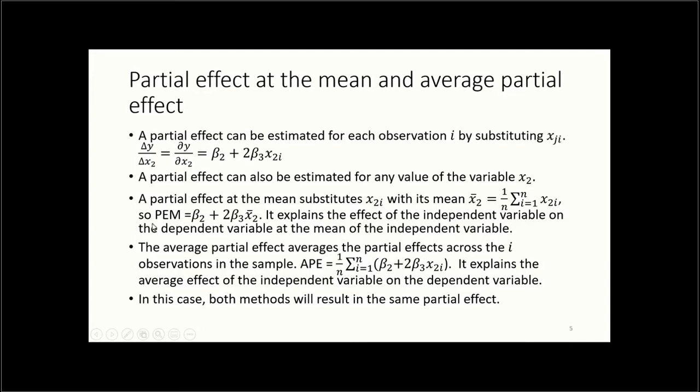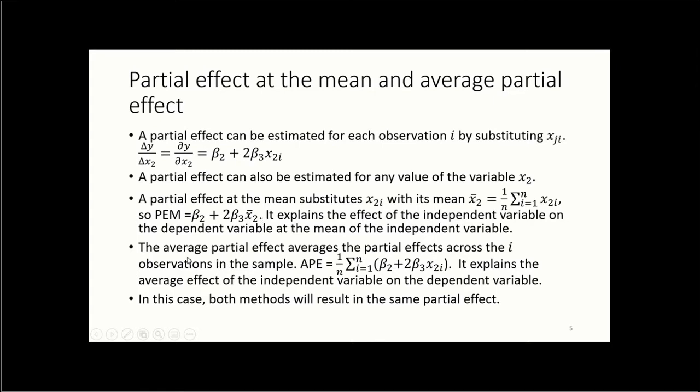So the partial effect at the mean would be the same expression as above, except that I have replaced each of the x2i's with the average of x2. It explains the effect of the independent variable on the dependent variable at the mean of the independent variable. That's why we call it partial effect at the mean.